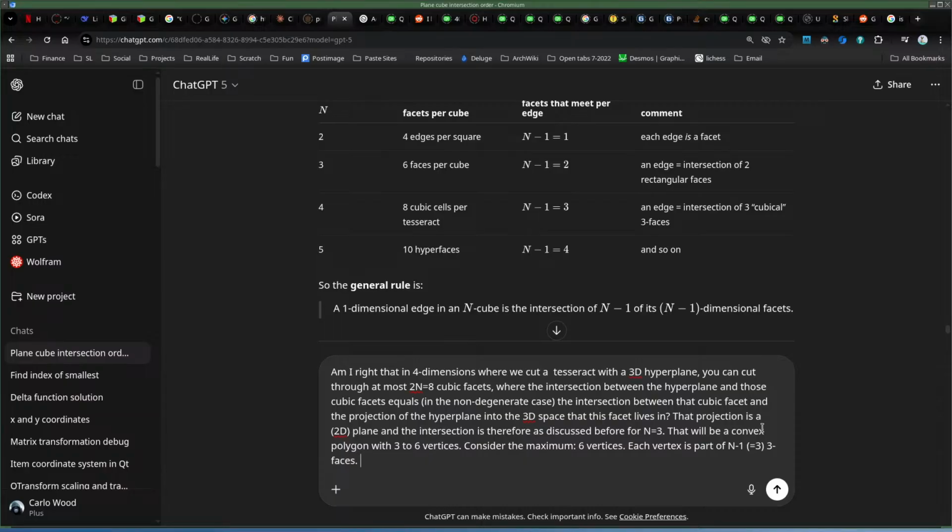So what is 3? Let's remove the space here. 3 faces, one of which is... now I want to do the trick of multiplying.